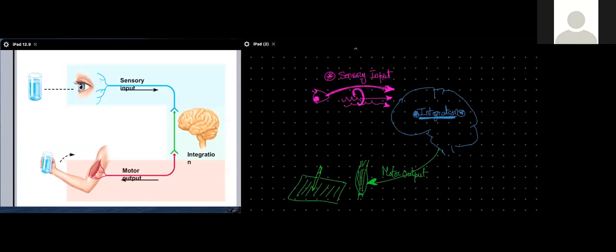So three main functions here for the nervous system. I'm able to detect changes in the outside environment. The change in the outside environment, this is what we call a stimulus.